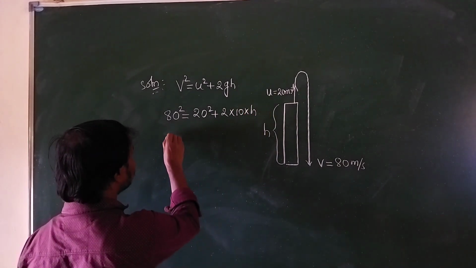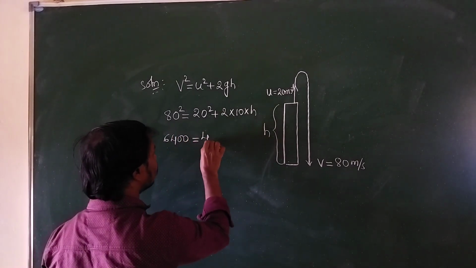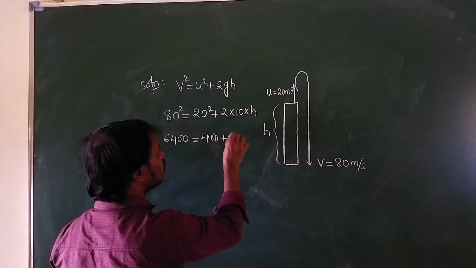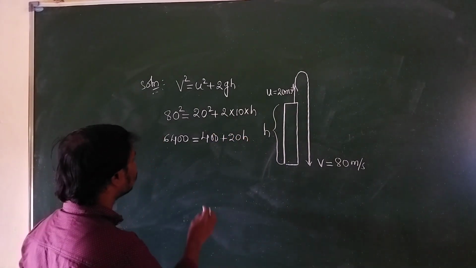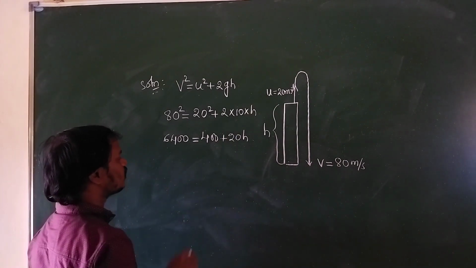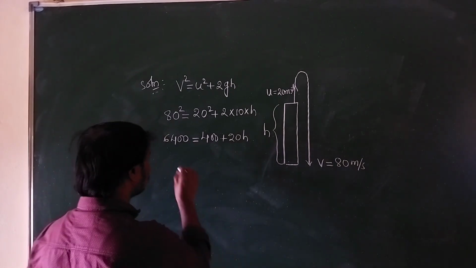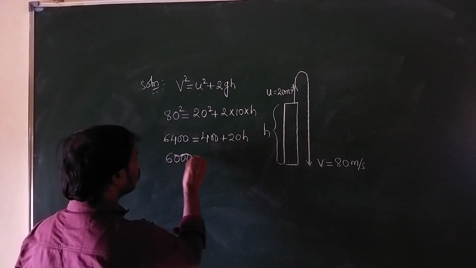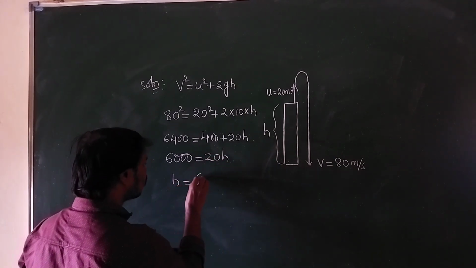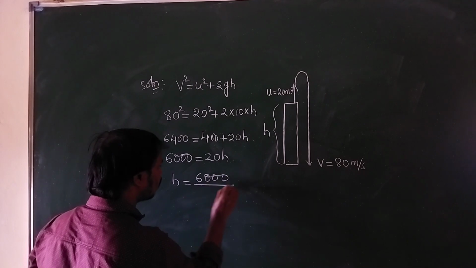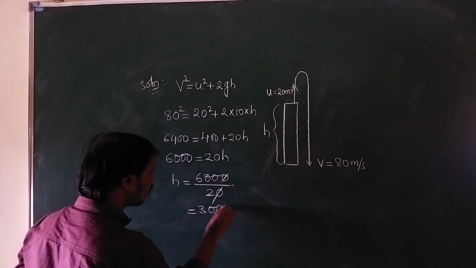Then 80 square is 6400, 20 square is 400, and 2 into 10 is 20 into h. Now to find h, 400 taken to the left hand side becomes minus 400, and 6400 minus 400 is 6000. Then 6000 is equal to 20 into h, so h is equal to 6000 divided by 20, which is 300 meter.